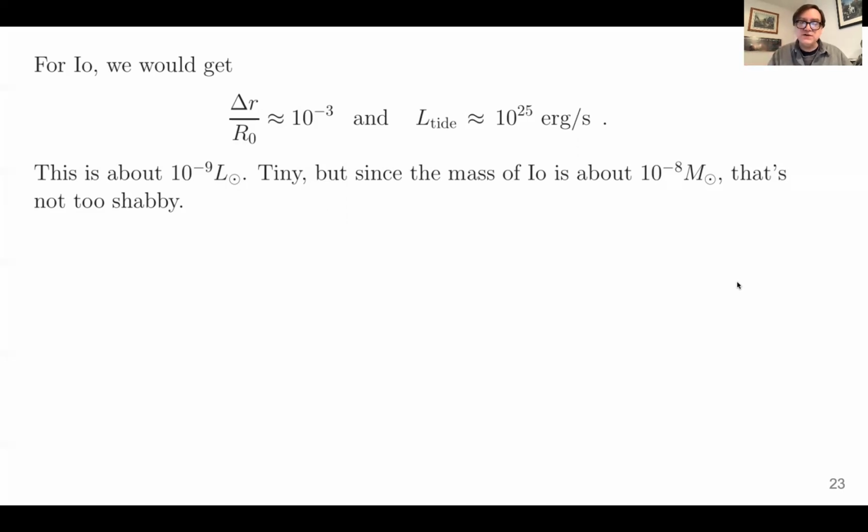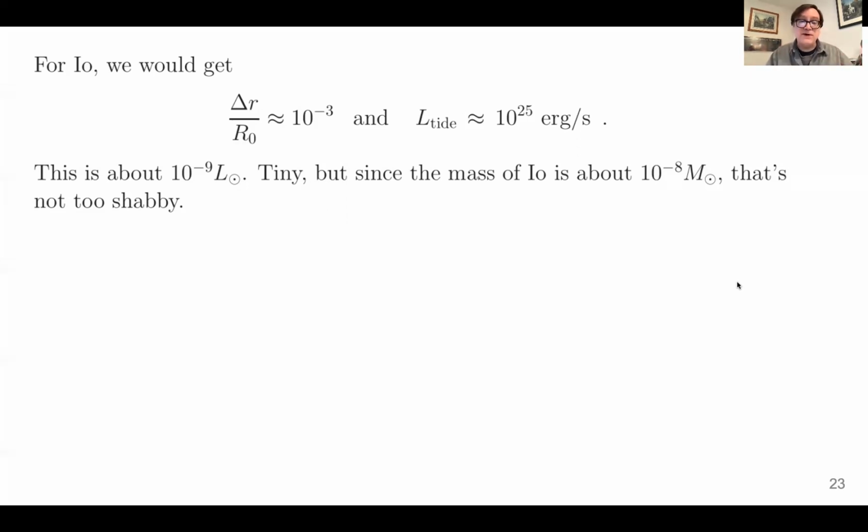Apologies for the CGS units. That's about 10 to the 18 watts, an exawatt of power. I think that's about the same, or maybe just a few times larger than the amount of solar energy that the Earth actually intercepts from the sun, integrated across the entire Earth as a target.